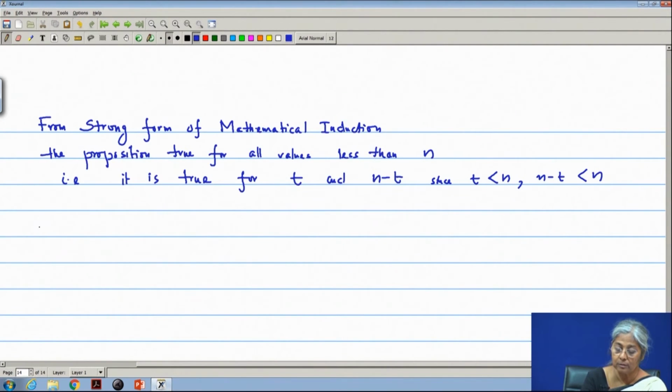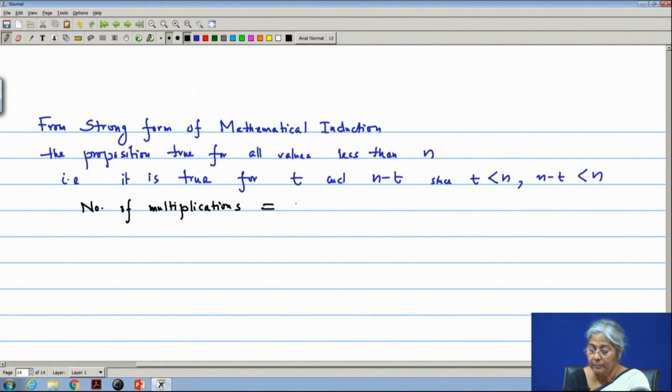So, if we continue the inductive step, we can write that the number of multiplications is, for the first part, since t numbers are there, t minus 1 multiplications are required, plus for n minus t numbers, n minus t minus 1 multiplications are required, and for the last multiplication I need another one.